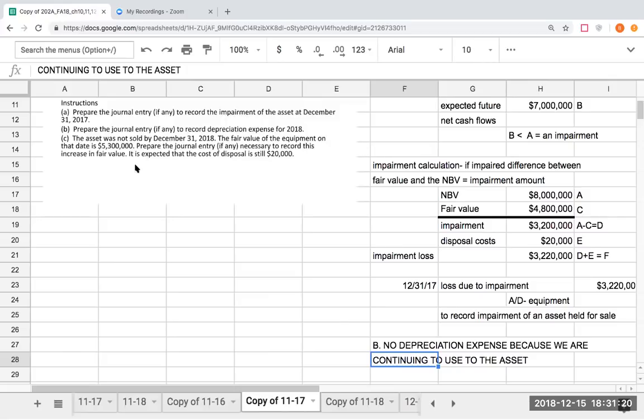And essentially what's really happened here is, what are we looking at now? Well, the value of this is no longer 4.8 million. Rather, it has now climbed to 5.3 million. Therefore, we've had an impairment recovery.